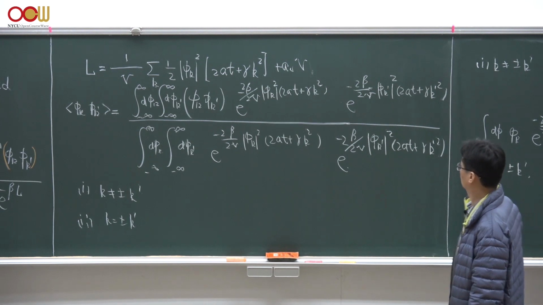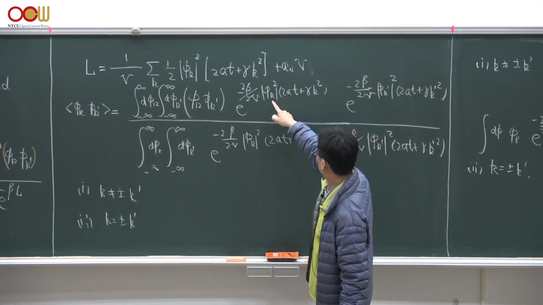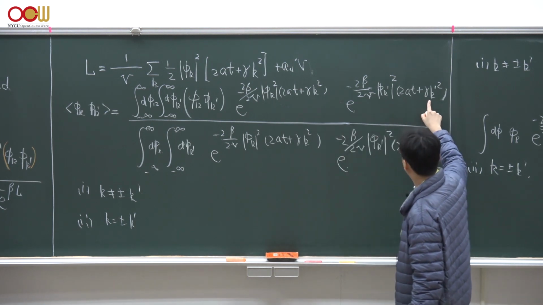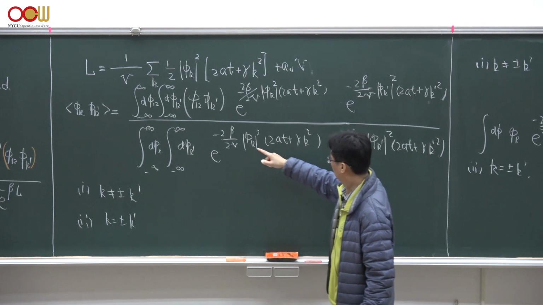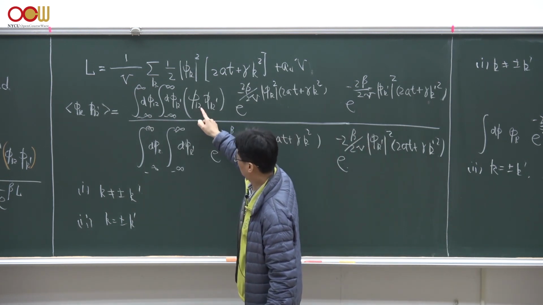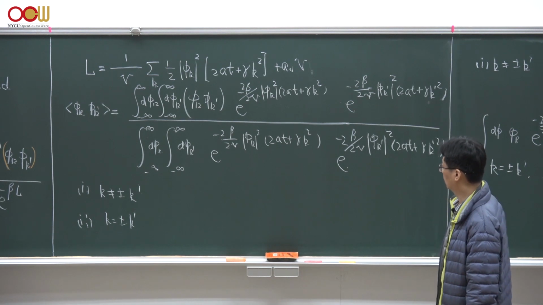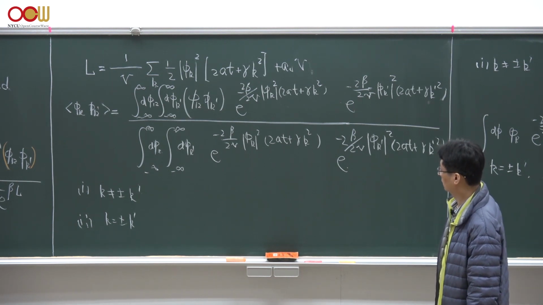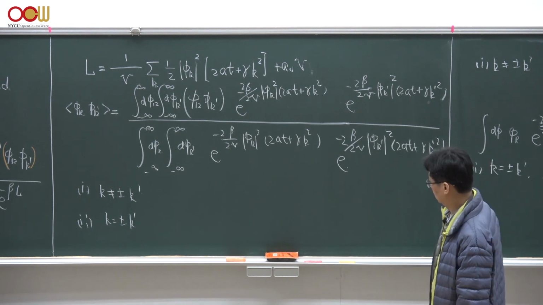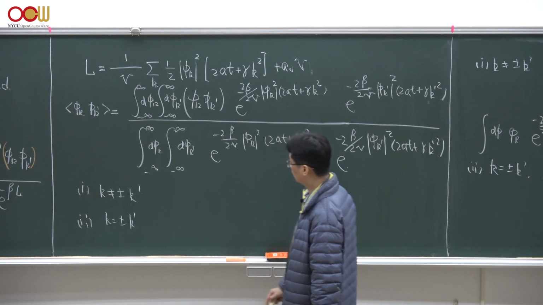We have the Boltzmann weight as a function of phi_k and phi_k' in the numerator and also in the denominator, and in the numerator we have the extra phi_k phi_k'. The range of integration over d phi_k and d phi_k' is from minus infinity to plus infinity. To make progress, you can think of two cases.